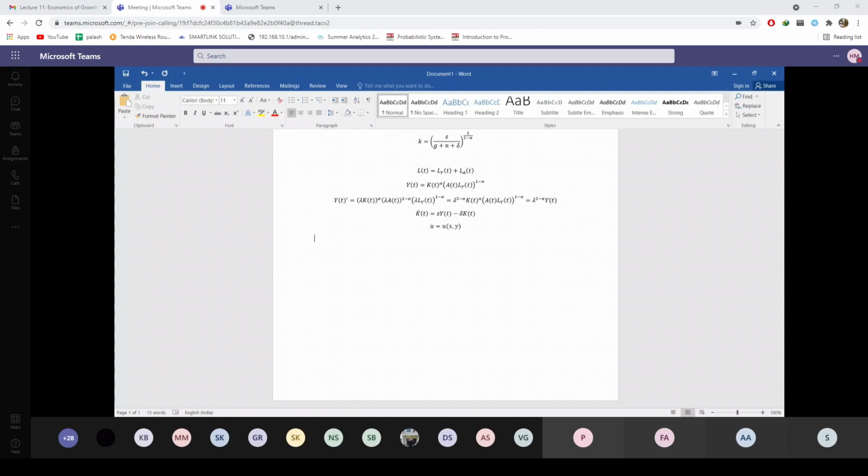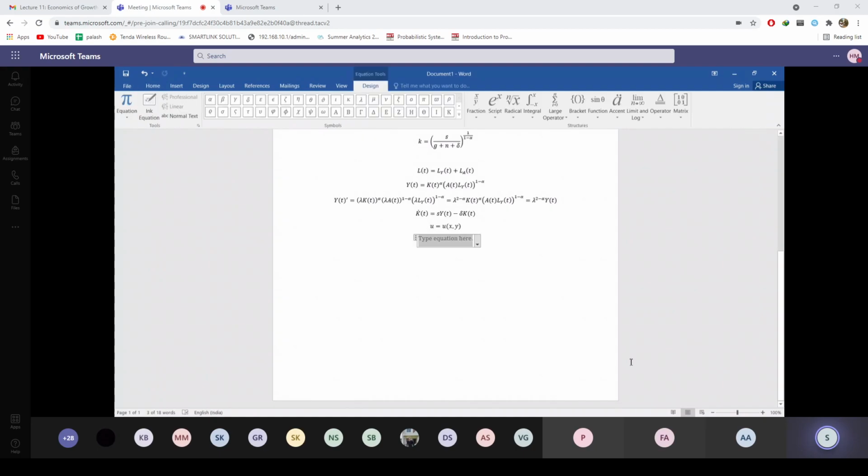What do you get from the Euler equation? We have done it right at the beginning. If it's homogeneous of degree n, using the Euler equation, what can I write? Del u del x into dx plus del u del y into dy is equal to n into u.